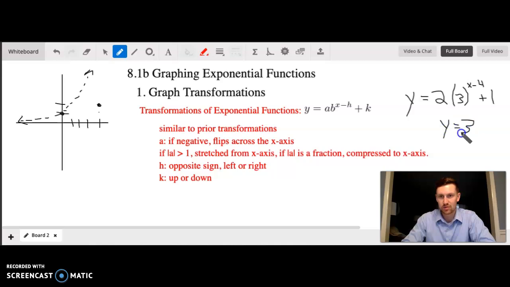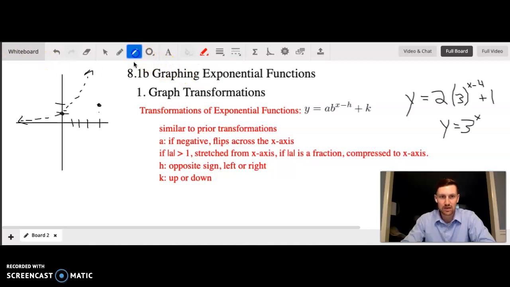That's our normal parent graph. So that exponential, excuse me, let's put that x as an exponent down there. All right, so y equals 3 to the x power. That's our normal exponential graph. What happened? Well, we had some transformations, okay, similar to the prior ones. It's going to be stretched from the x-axis. It's going to be right 4, and it's going to go up 1.